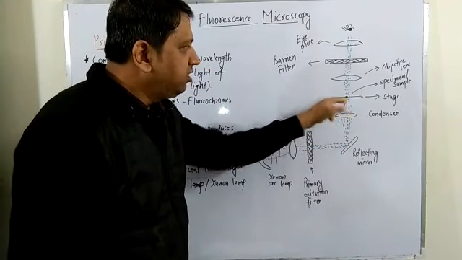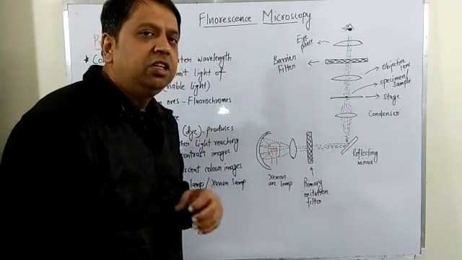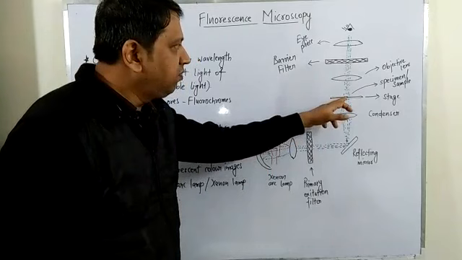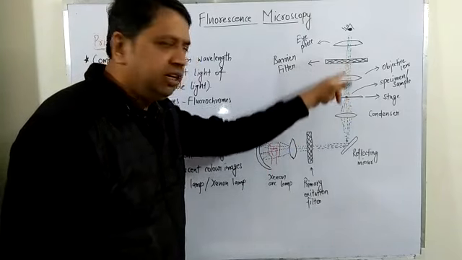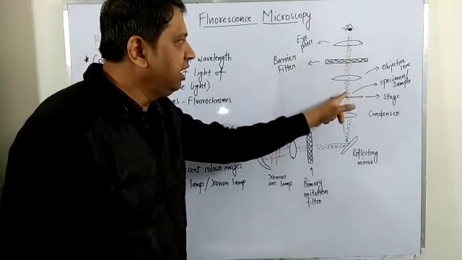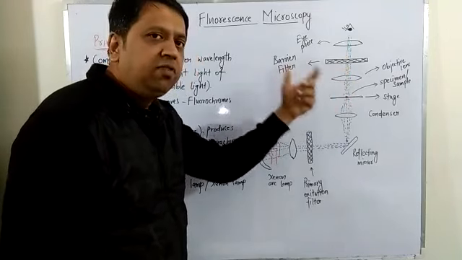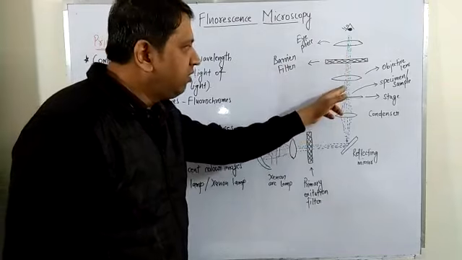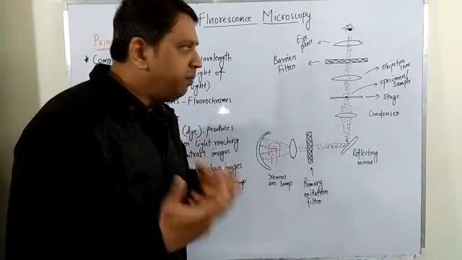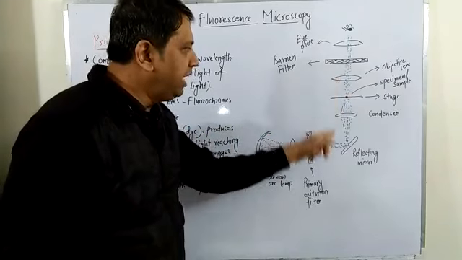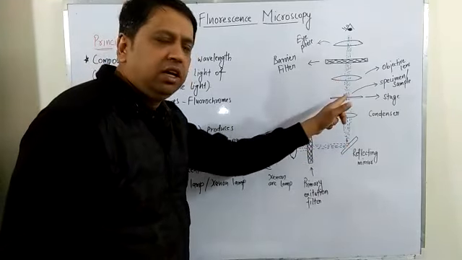On the stage, the dye starts emitting fluorescent light. I have shown this fluorescent light with green dotted lines. It is a mixture of green light along with the blue light that is coming from here.